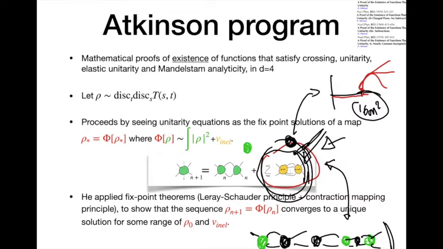In two dimensions, what we observed, I cannot tell you for four dimensions, is that the only thing that this guy is going to do is change the zeros of the S matrix in the first sheet, between 0 and 4m squared. This is the only thing that this guy is going to do. In four dimensions, I'm not sure.